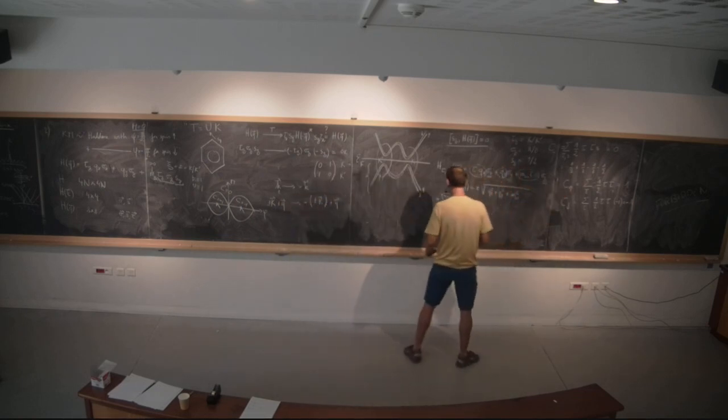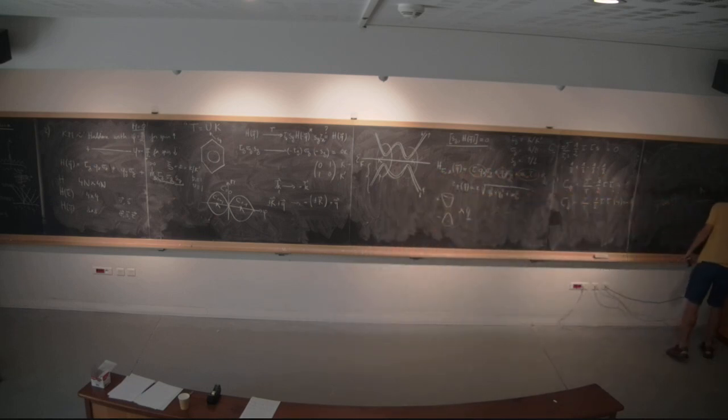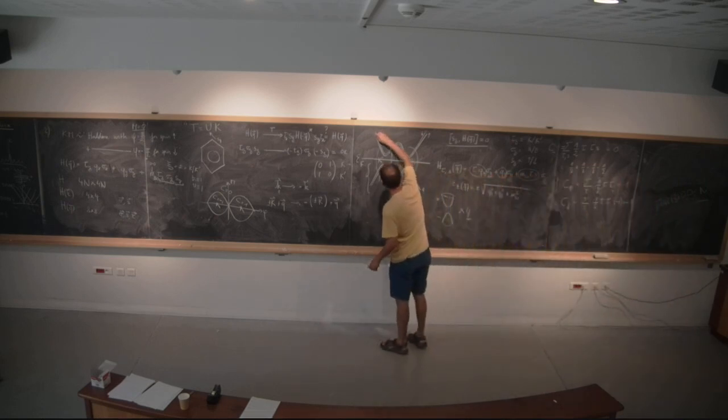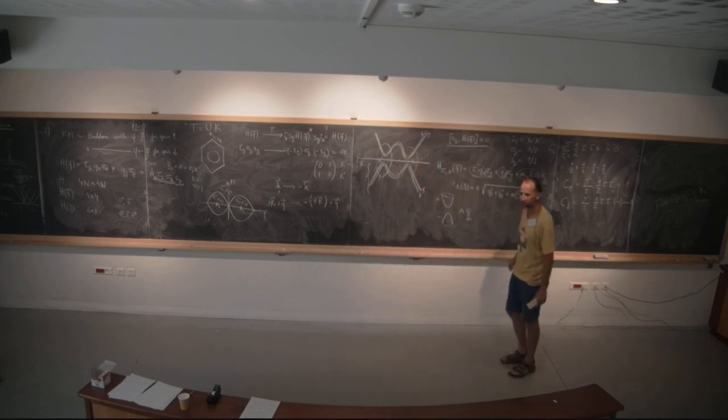So if I only look at the bands for spin up, because in the artificial model that I'm presenting now, spin up and spin down are completely independent. They do not talk to each other.